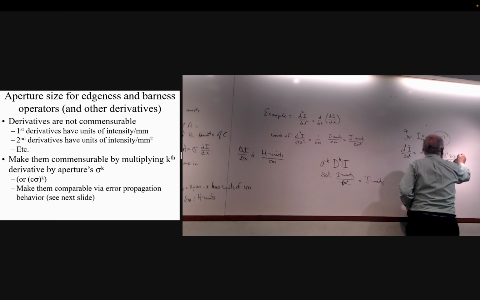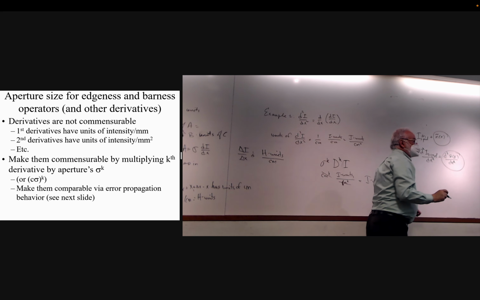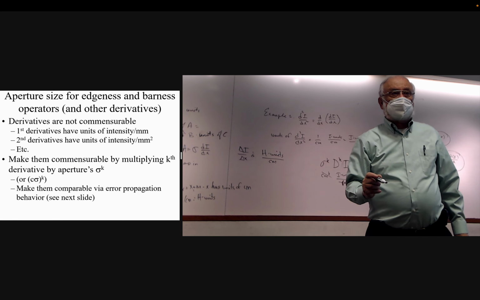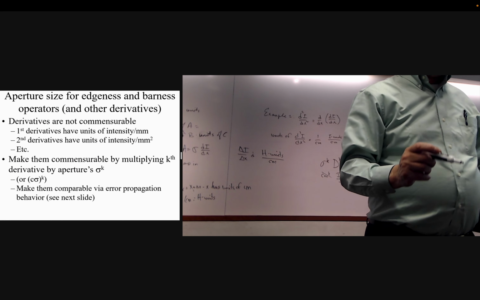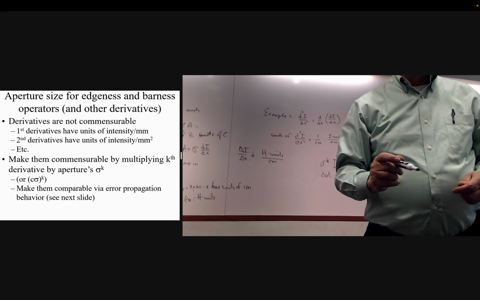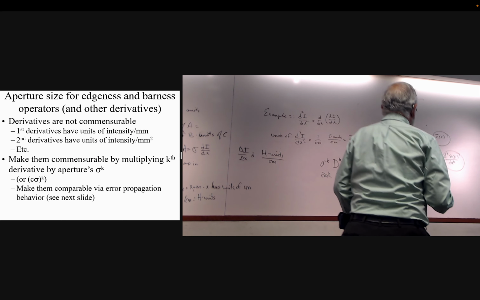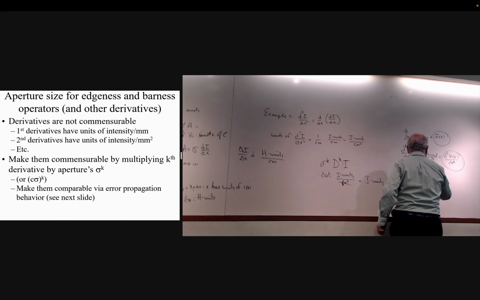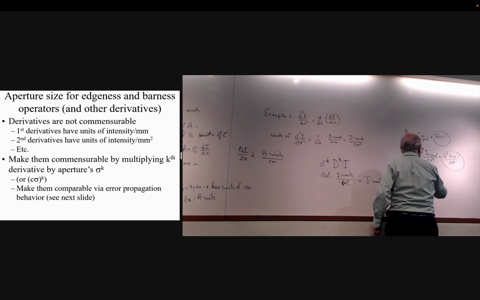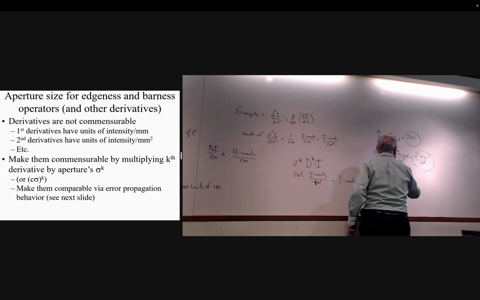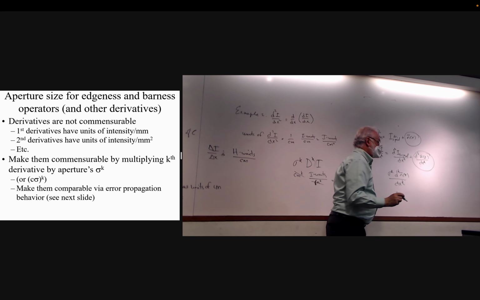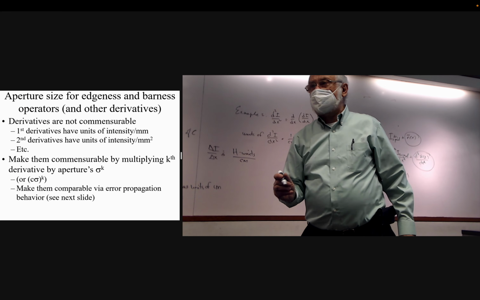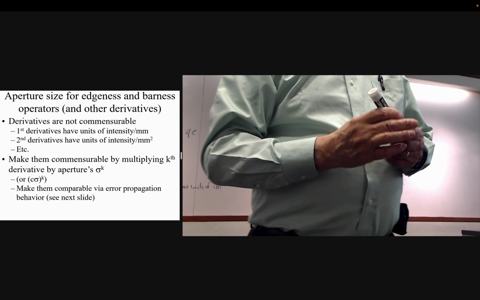And now, if we want to compare these noise levels, we really have to compare them multiplied by sigma to the k. So we're going to be concerned not with this, but rather with sigma^k d^k n by dx^k, when we're comparing the noise in different k's.